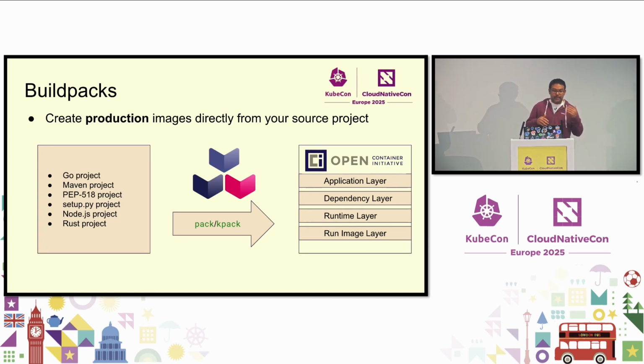Then the dependencies, containing all the things that you need to run your application. And finally, the application layer, containing everything we get from building your source code. All this without needing a Dockerfile. We don't need a Dockerfile to build this application image.